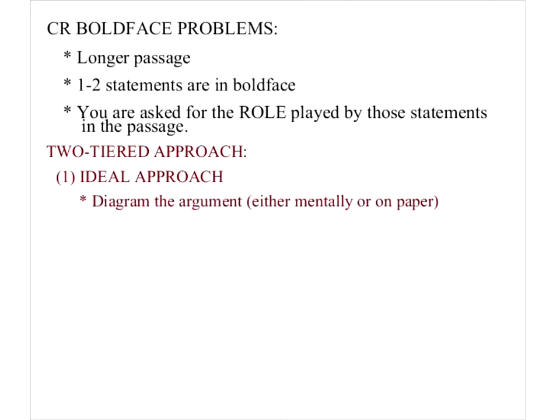We'll talk about how that works in a little bit, and then actually try to predict the actual answer to the question. Unlike a lot of other critical reasoning problems, you don't really have to have answer choices for these. If you understand the argument fully, you should have an idea of the role played by these things without having to be prompted.